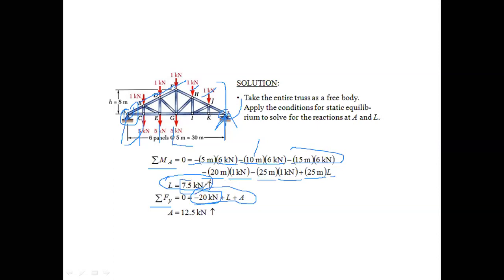L is 7.5 kilonewton positive, so minus 20 plus 7.5 plus A is equal to 0, so A is equal to 12.5 kilonewton, vertically positive. That is why it is upward. So the reaction at A is also upward and the reaction at L is also upward. The reaction at A has magnitude 12.5 kilonewton and the reaction at L is equal to 7.5 kilonewton.